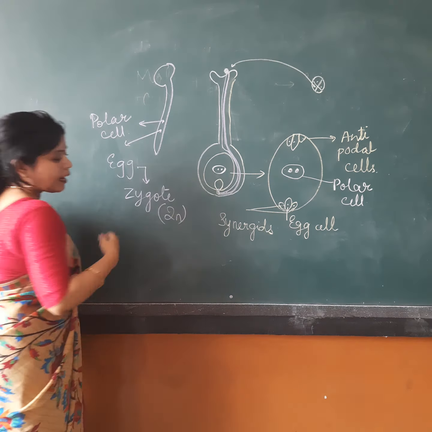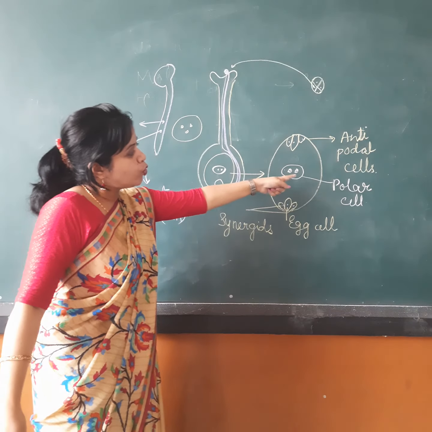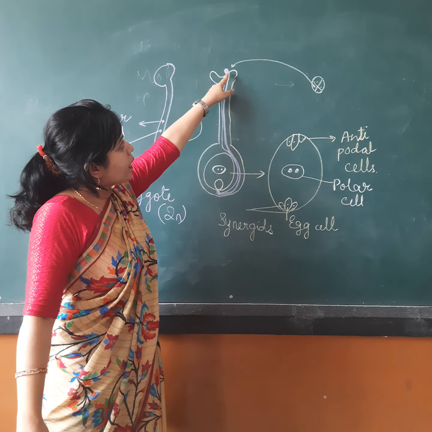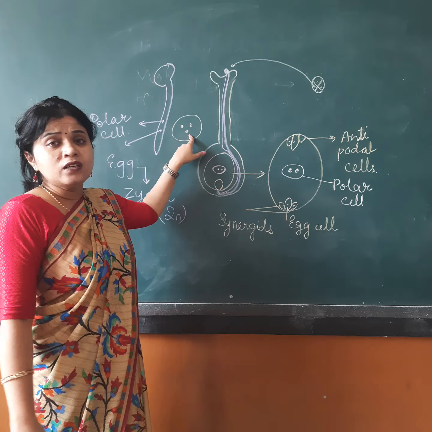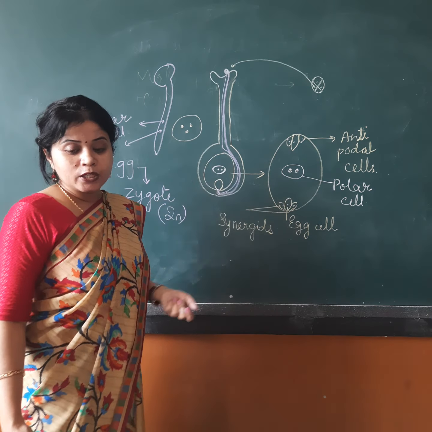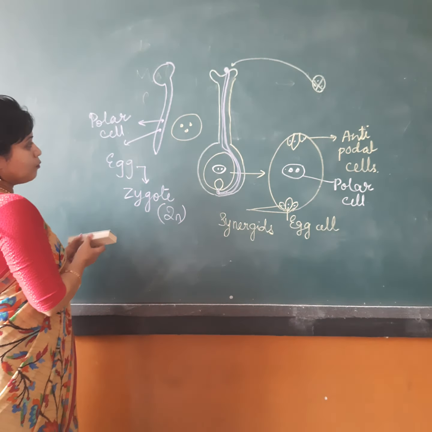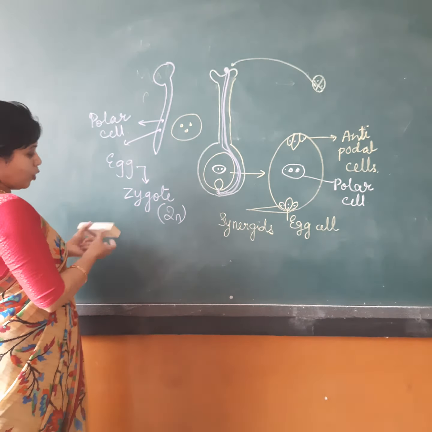The one which is fusing with the polar cell will produce a structure which is now having 3 nuclei inside it: 2 nuclei of the polar cell plus 1 nucleus of the male gamete. This structure, you will be calling it endosperm. This endosperm is triploid because it is having 3 nuclei, and endosperm is providing nutrition to the growing embryo.